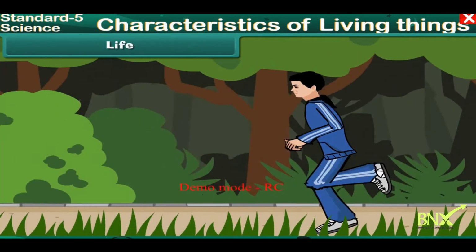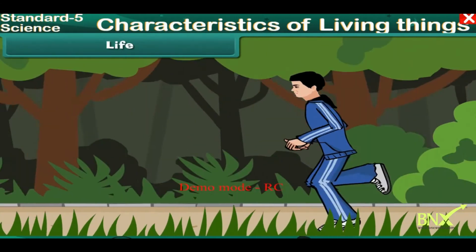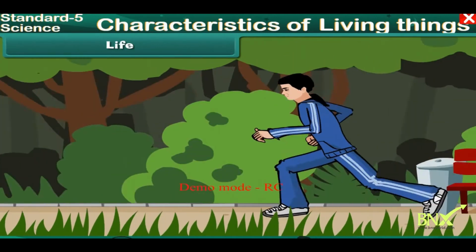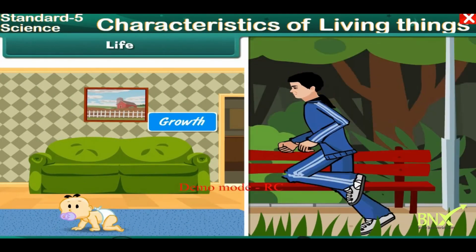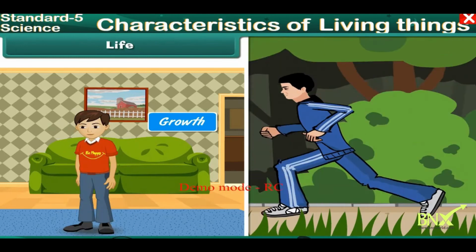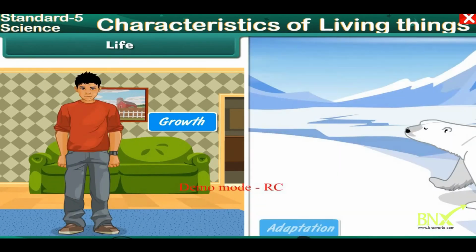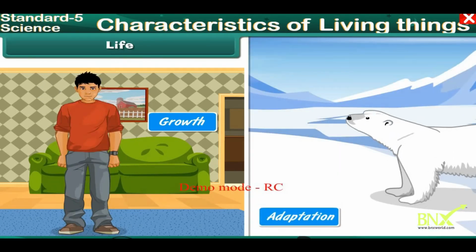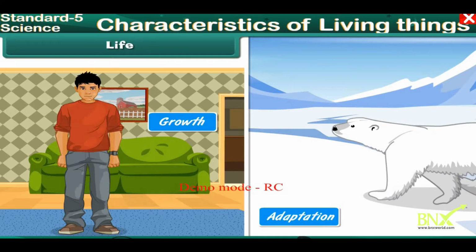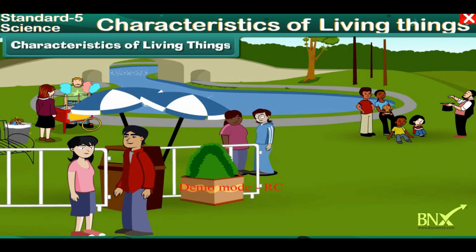Life. Life is a unique, complex cellular organization of molecules, expressing itself through chemical reactions which lead to growth, development, responsiveness, adaptation, and reproduction. Characteristics of living things. Things which depict growth, reproduction, ability to sense the environment and mount a suitable response are called living things.